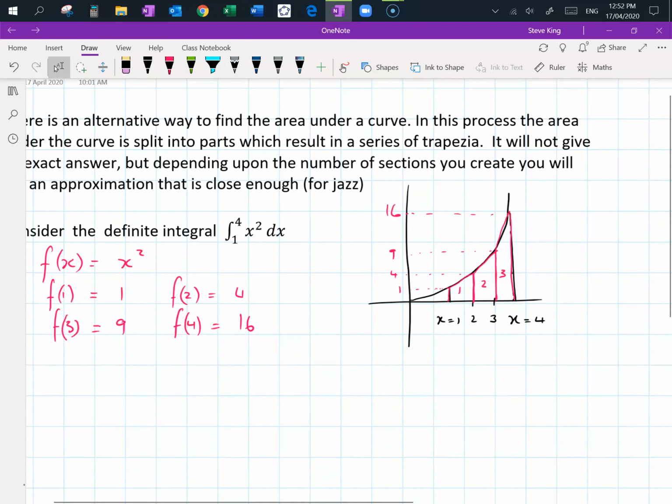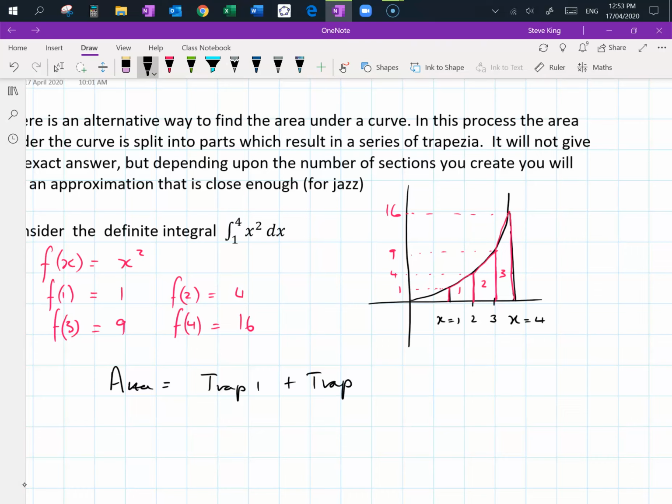And all I need to do now, if I want to find my total area, is sum these up. So my area is going to be trapezium 1 plus trapezium 2 plus trapezium 3.